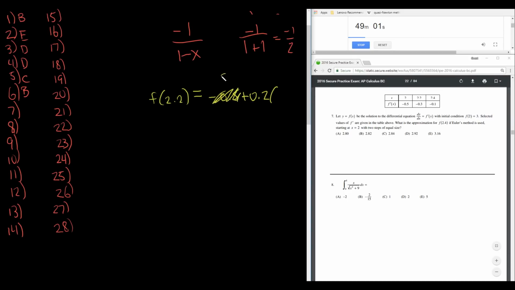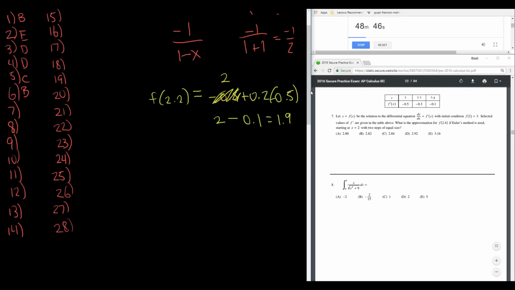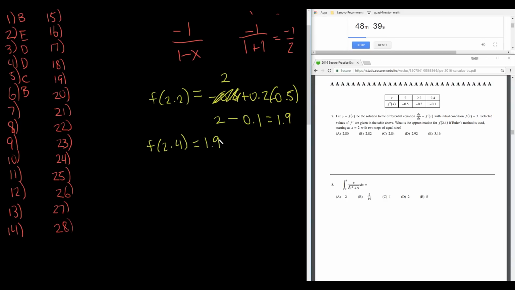So we start with 2, plus 0.2 times the slope, which is negative 0.5, and we get 2 minus, and then 1/5 times 0.5 is 0.1, so we get 1.9.